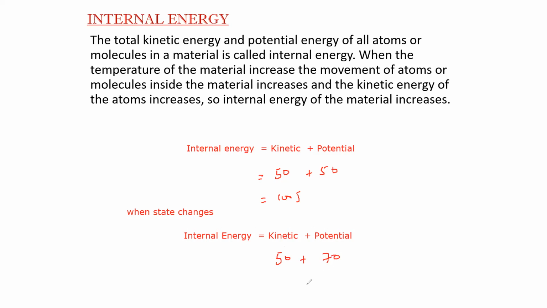So 50 plus 70, that's equal to 120. So the internal energy changes because there is a change in the potential energy. So if potential energy changes or kinetic energy changes, the internal energy will also change. Is it clear now?